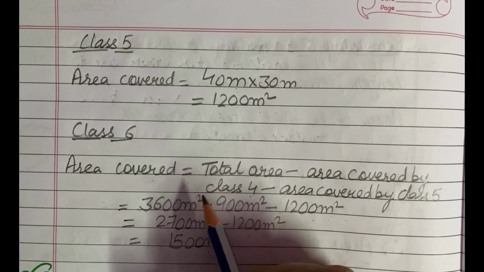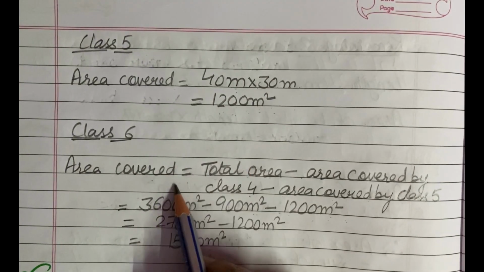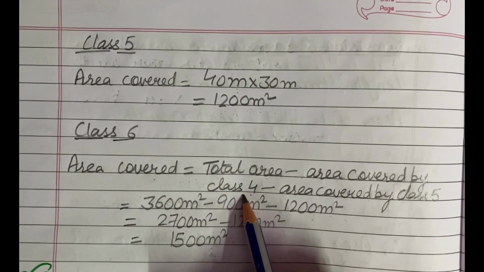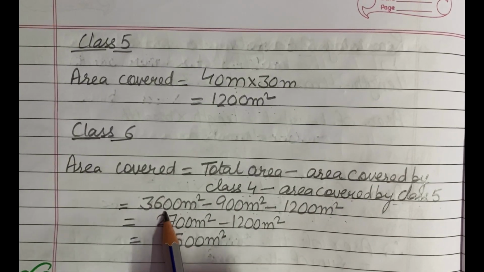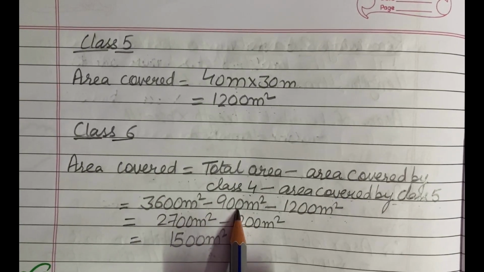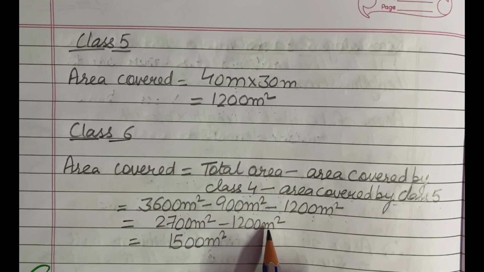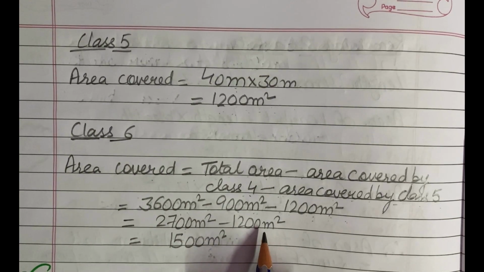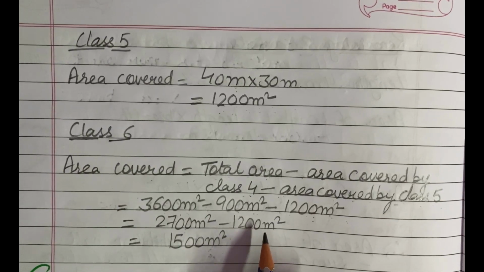Now since we want to find out the area planted by class 6, that will be given by total area minus area covered by class 4 minus area covered by class 5, that is 3600 meter square minus 900 meter square minus 1200 meter square. On solving this we will get 2700 meter square minus 1200 meter square, and on solving this we will get 1500 meter square as an answer. Hopefully it is clear to you.